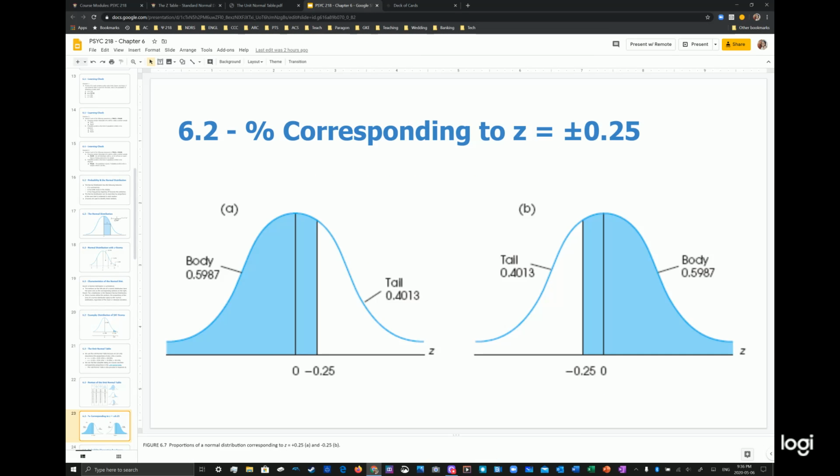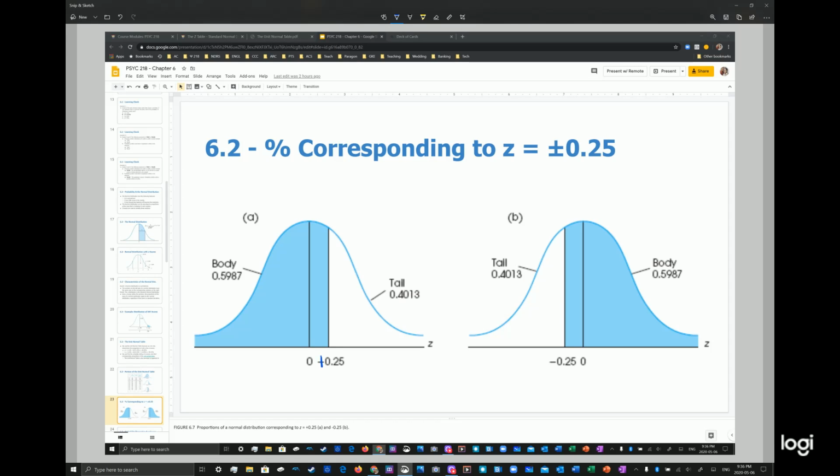So here's a practice question for us to try. For example, if you want to find the proportion of scorers below plus 0.25 in Z, well, the body in the unit normal table would tell you, oh yeah, below this point would be 0.5987 of the population that would score equal to or less than plus 0.25 standard deviations away from the mean.